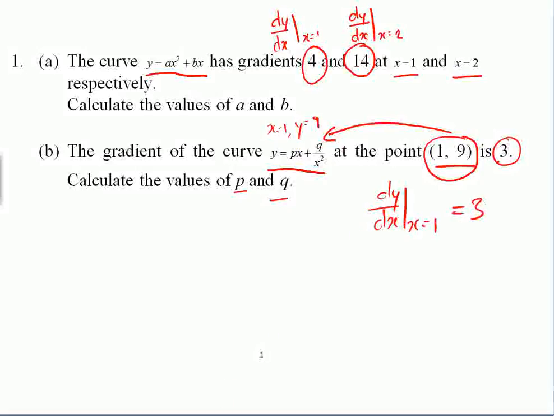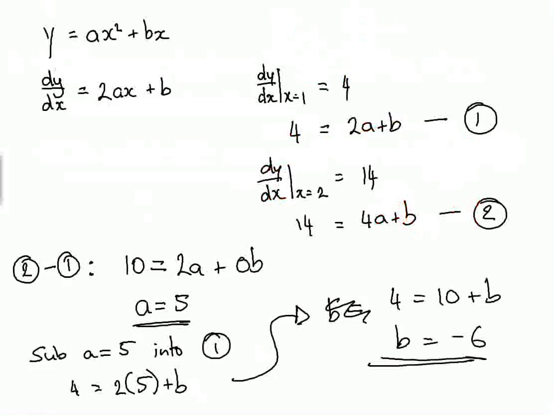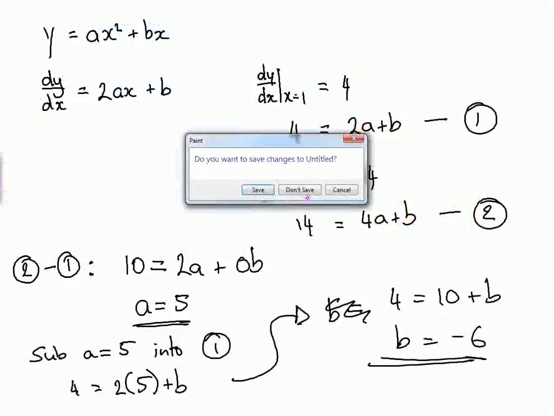So we can use this again to solve for p and q. Again we have y equals px plus q over x squared. So this is the same thing as px plus qx to the negative 2.